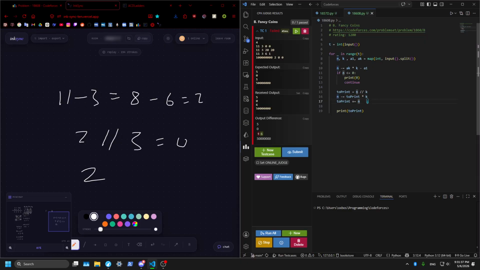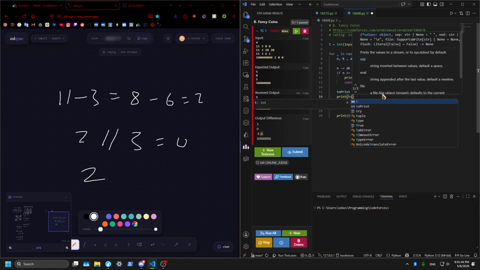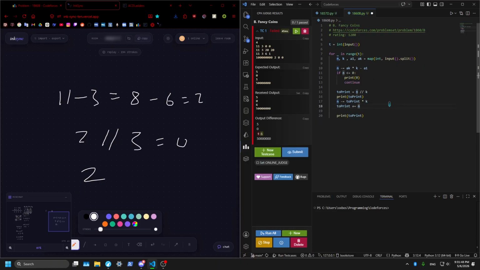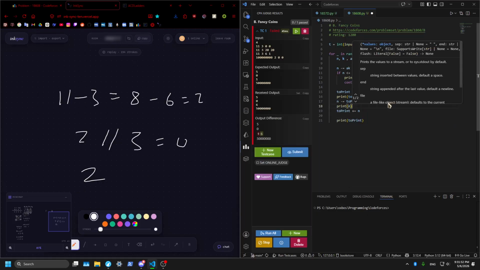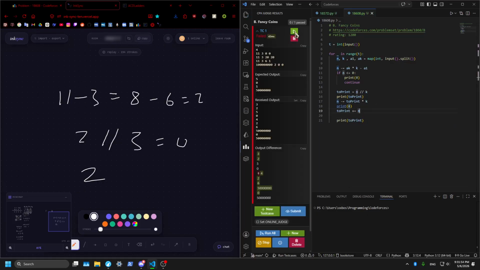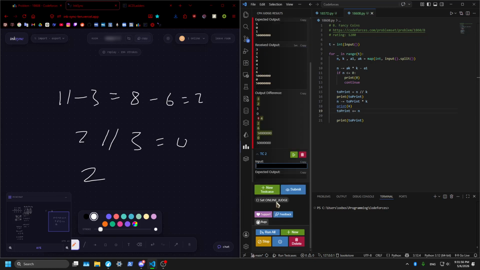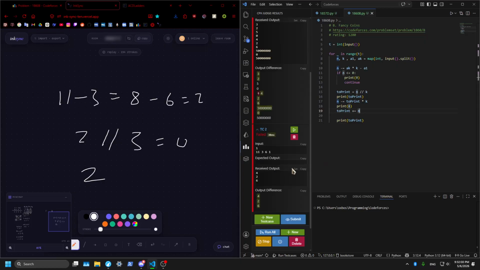And then this. What? Print 2 parents. Let's isolate this case. 4, 2, 6. This is giving 4?